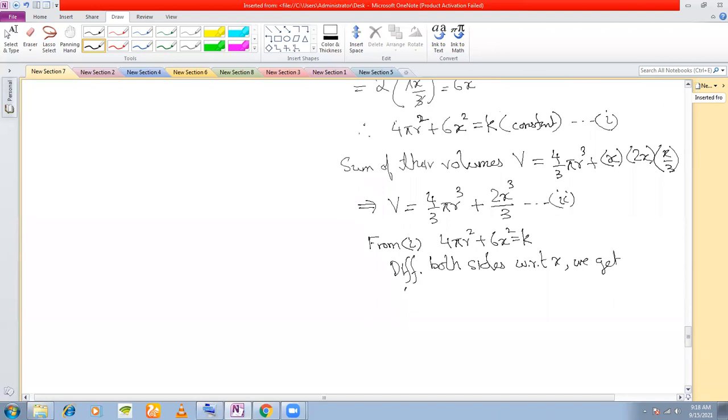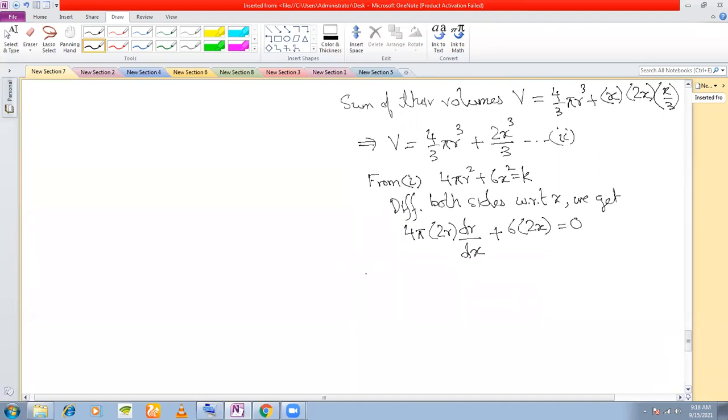We get 4 pi is a constant into 2r dr dx, because r is a variable, right? Differentiation of implicit functions, plus 6 into 2x is equal to 0. From here, we shall find out the value of dr dx. That means you get 8 pi r dr dx plus 12x is equal to 0. That means you can take 4 common.